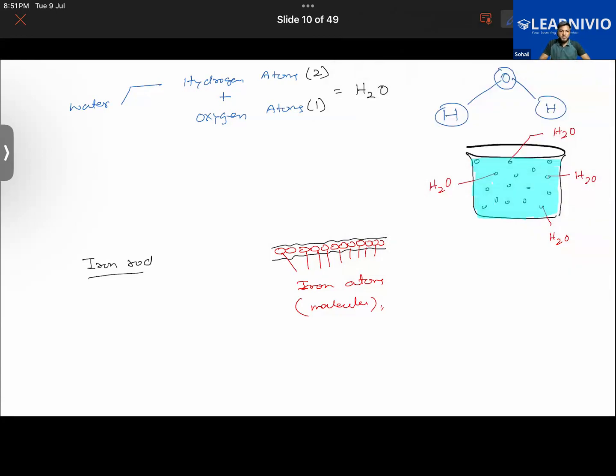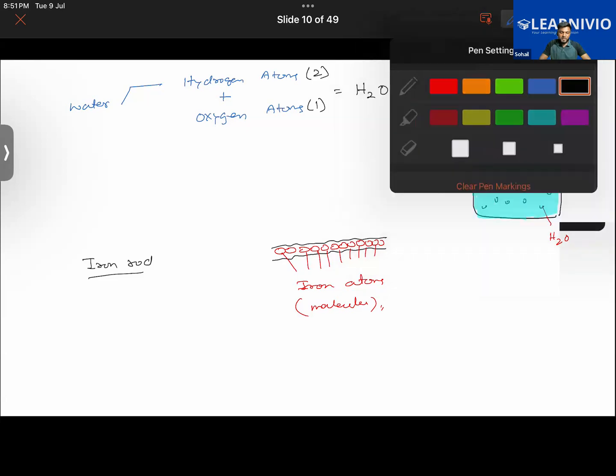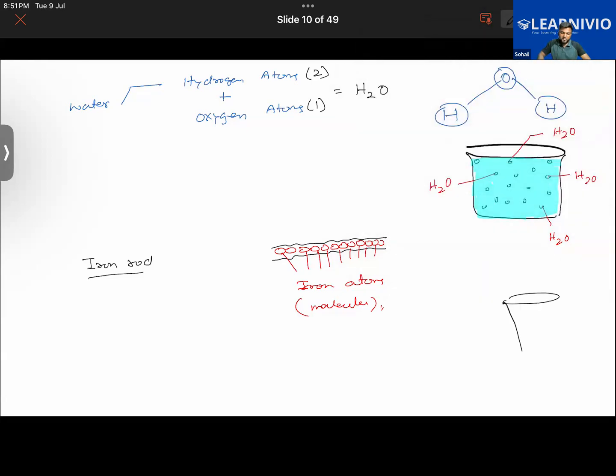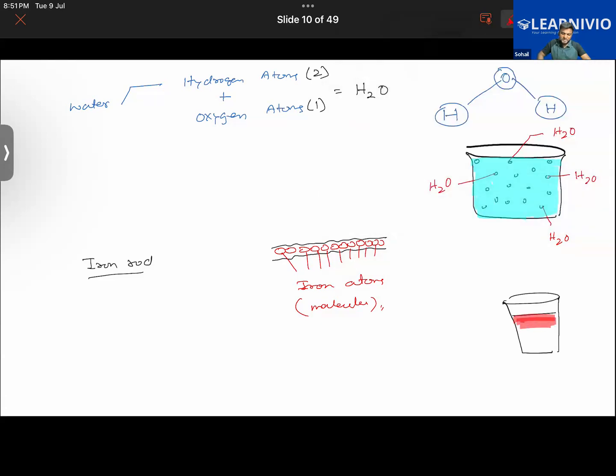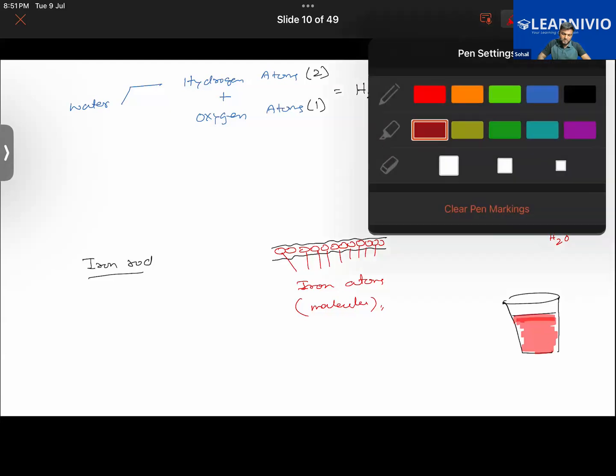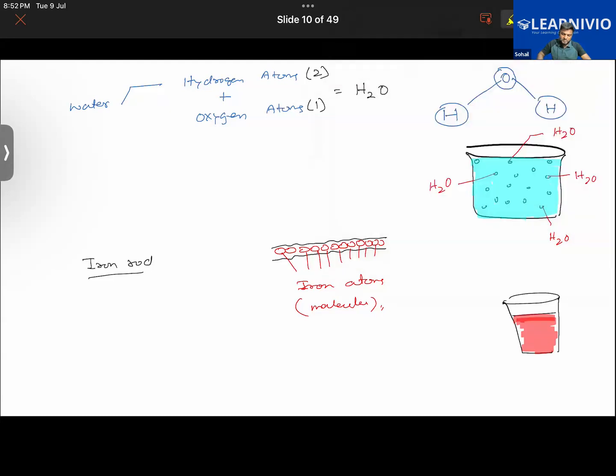But if you were to have a glass of dirty water, this would contain so many things in it, mud and stuff like that, right? So you need to filter the water so it will become clean again. Exactly. There would be lots of impurities in it.